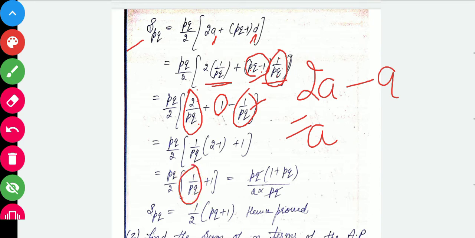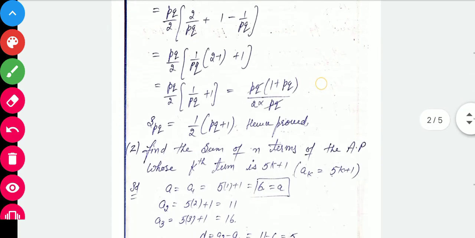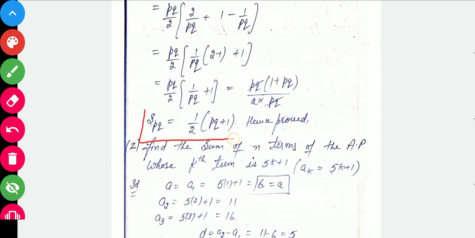You can also solve by taking 1 over pq common from these two terms. Clear? So we will get 2 minus 1 here. This plus 1 is moved to this side. Then take the LCM. pq is multiplied with this one, and then pq is cancelled with pq, and this is what you need to prove. Take a look. Hence the proof.